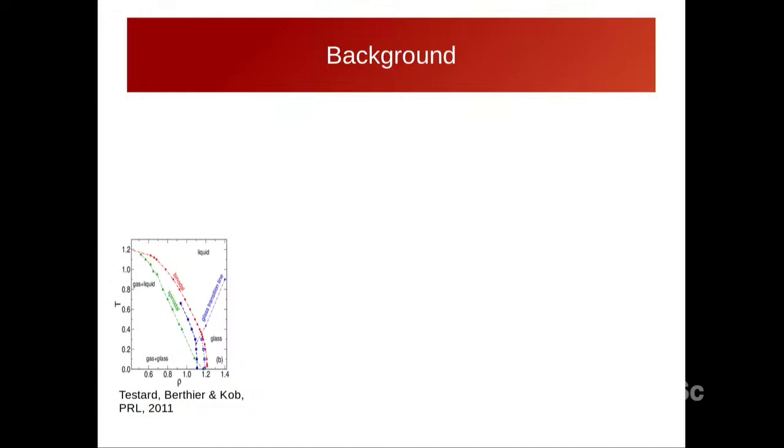If you're below the glass transition line in the liquid, you have a glass, and if you are below the glass transition temperature, where this line cuts the binodal line, you have a gas-glass coexistence region, because the liquid that you have is a glass or a solid at that point. This gas-glass coexistence is what is responsible for the cavitation, which was shown in the previous slide.